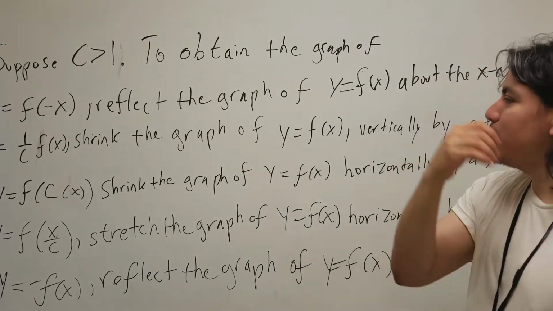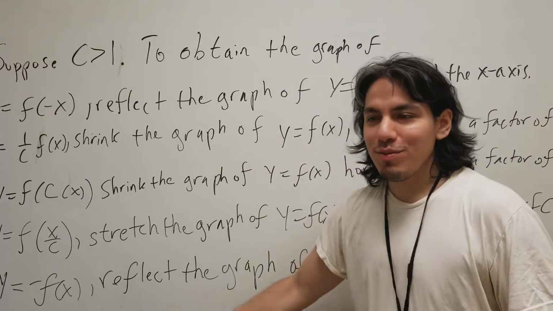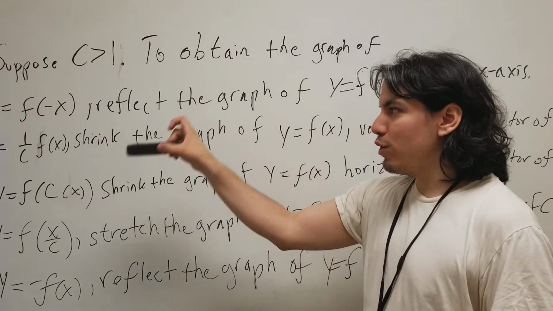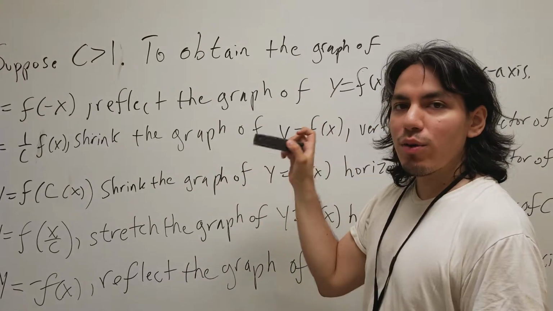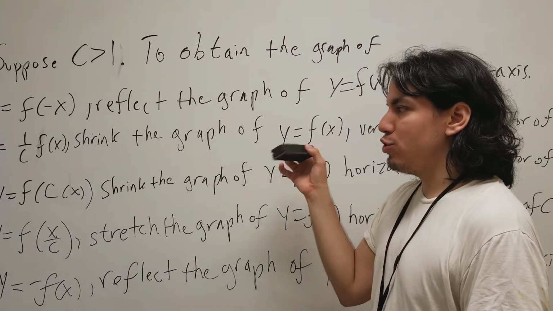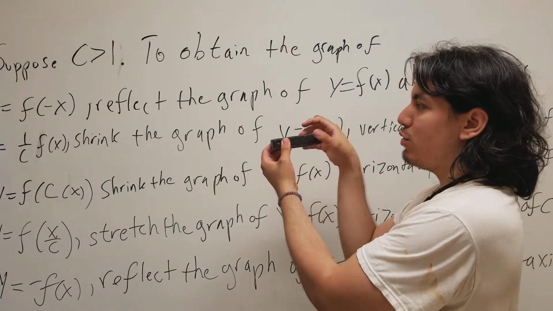Think of it this way. Just like I already told you with the same eraser board, you can move it over, up, to the left or right, depending on your function. This time you're allowed to stretch.